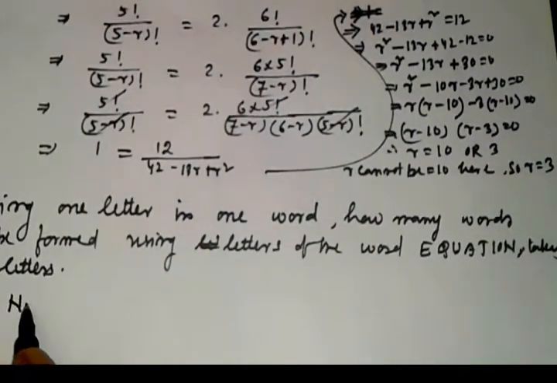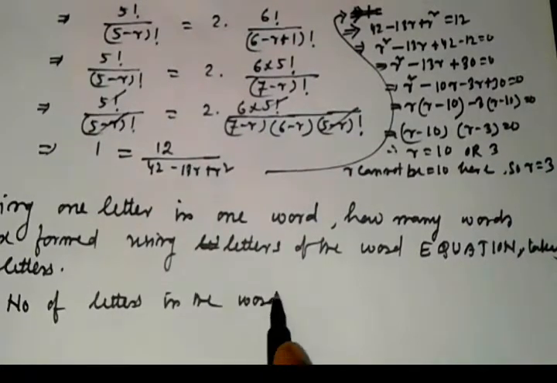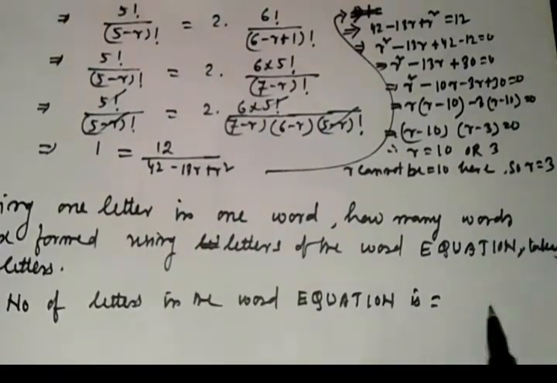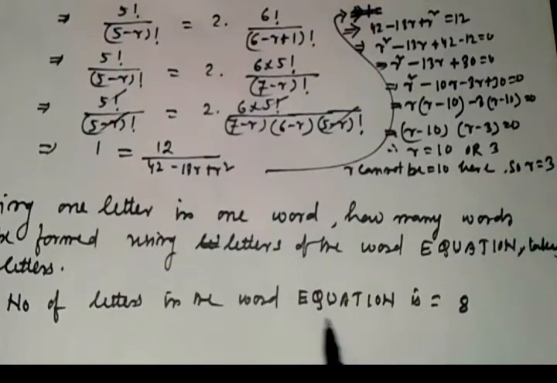Number of letters in the word EQUATION is 1, 2, 3, 4, 5, 6, 7, 8. Here no letter is repeated. Here E is 1 time, Q is 1 time, U also 1 time.